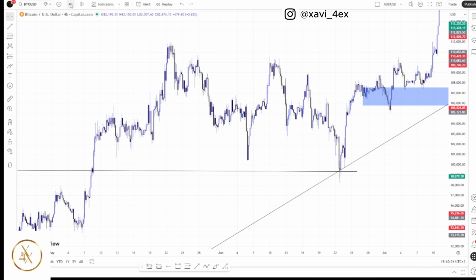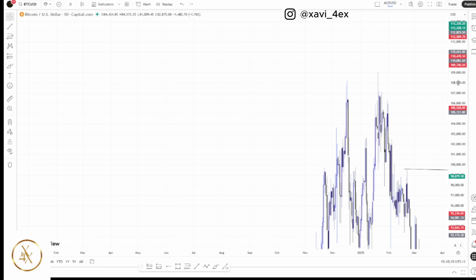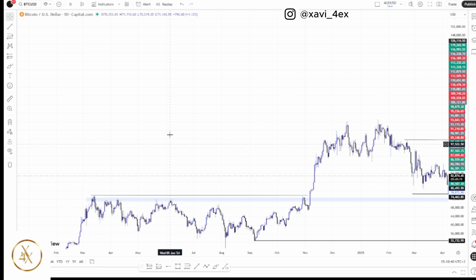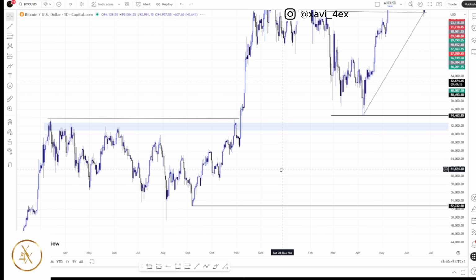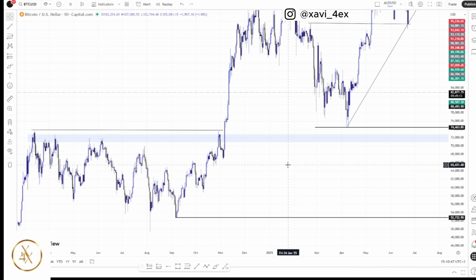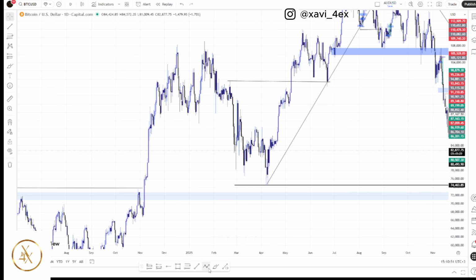So let me start from the daily. You can see that with the daily time frame, let me start with this bearish move here.